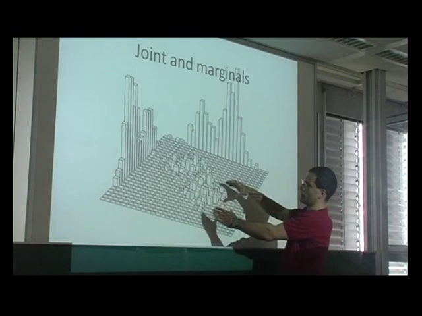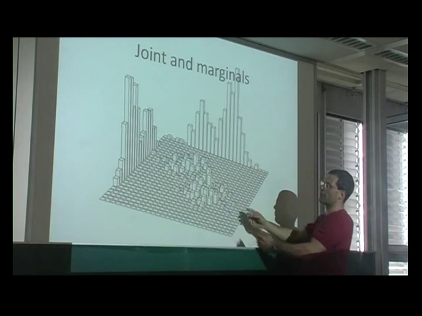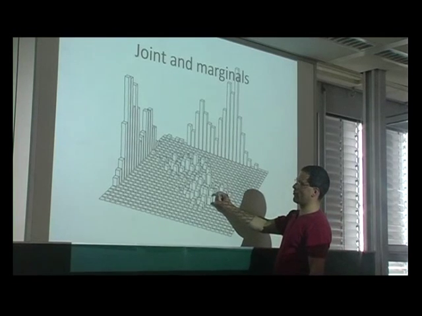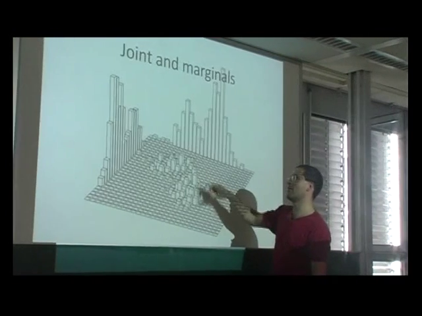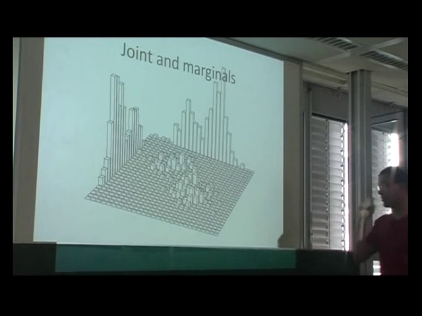These are for this discrete bivariate distribution, the probabilities or the probability mass that you have for each of these combinations.